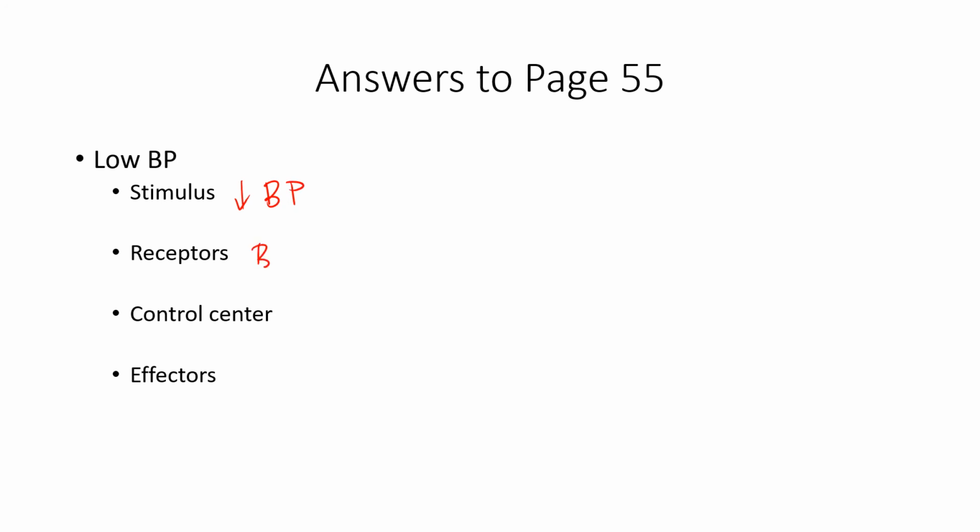And that automatically tells me that we've got this baroreceptor that's going to pick up on that information. And baroreceptors tattletale to the medulla oblongata. Well, in response to decreased blood pressure, the medulla decides that it's time to increase sympathetic stimulation.